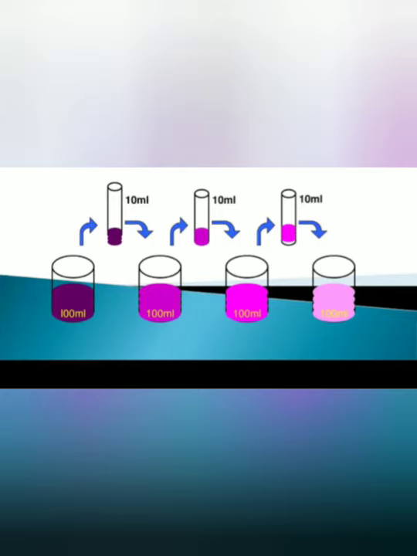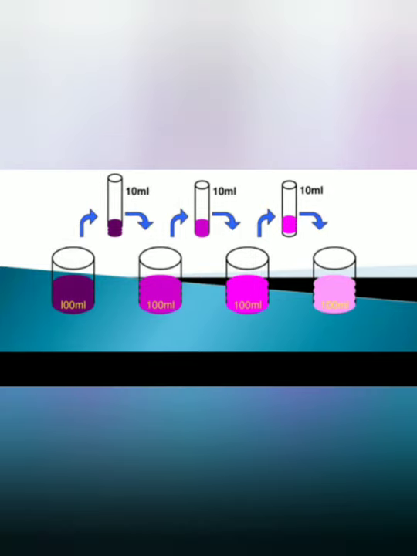The intensity of the purple color will now get reduced. Repeat the same experiment 3 to 4 times. At the end, we get to a stage wherein the purple color of the solution will not altogether disappear, but we can observe that some color will always remain even when the solution is very dilute.